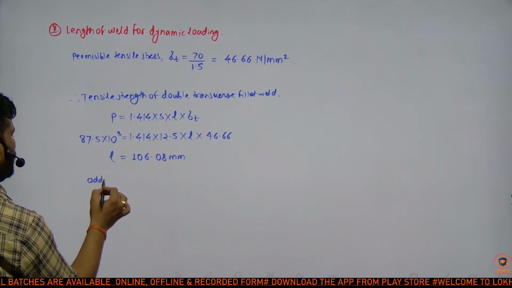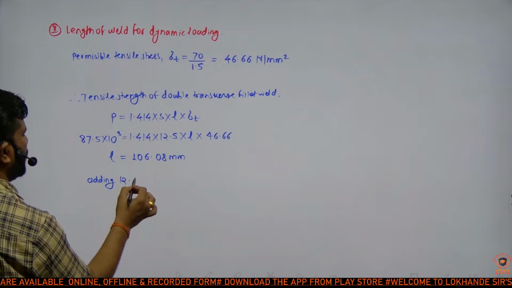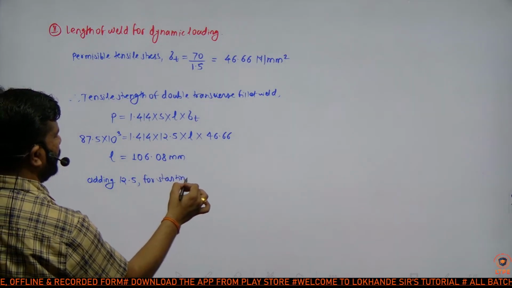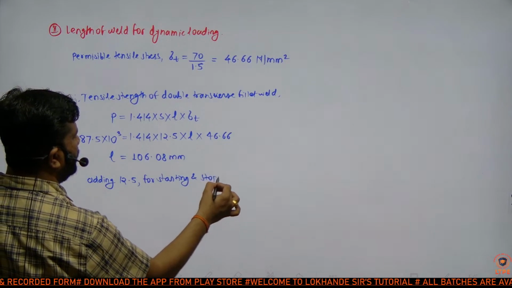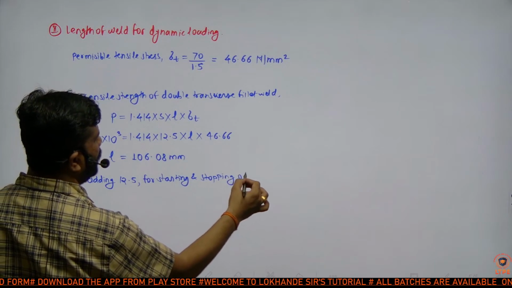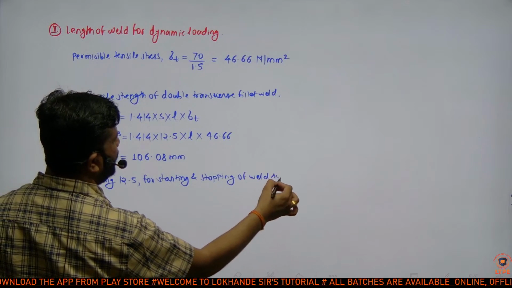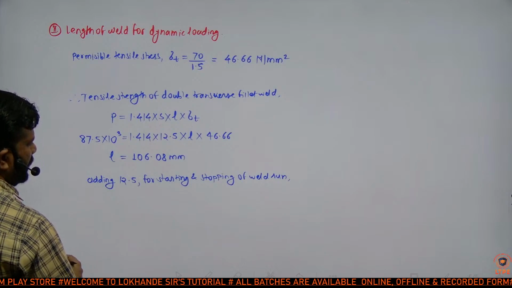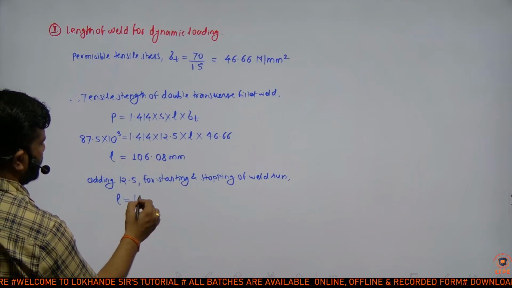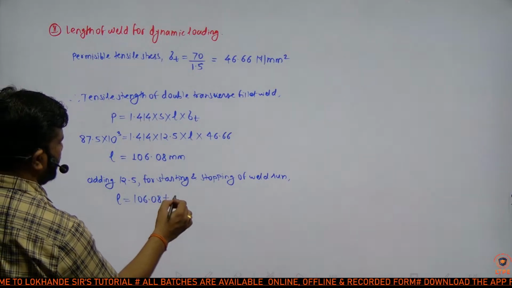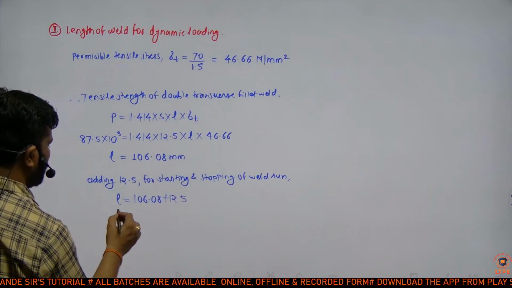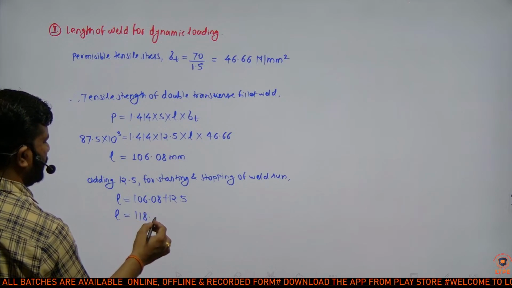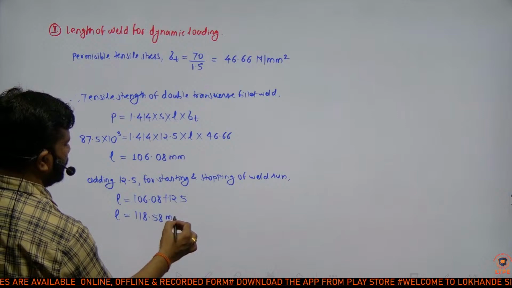Adding 12.5 for starting and stopping of the weld run, L is equal to 106.08 plus 12.5, so L is equal to 118.58.